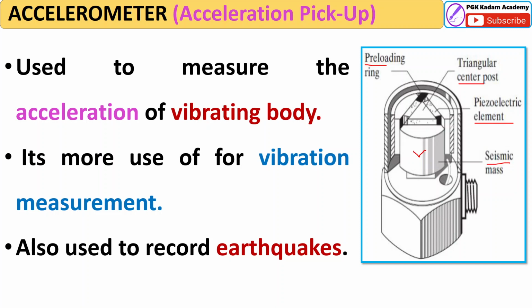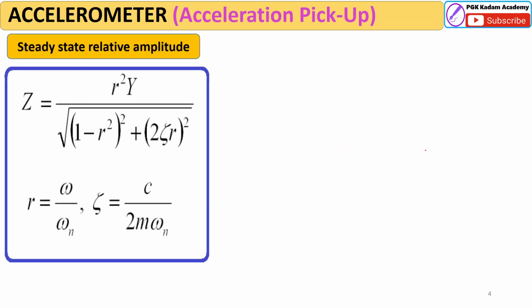But when we go into the detailed working principle of the accelerometer, the acceleration pickup, we can derive the equation from this seismic instrument. The steady state relative amplitude we can write as Z equals R squared Y upon the square root of (1 minus R squared) whole squared plus (2 zeta R) whole squared.